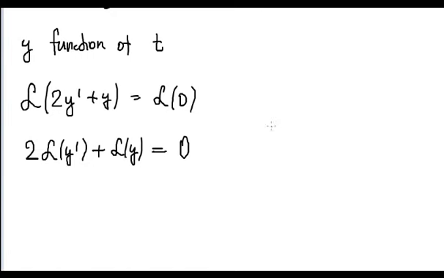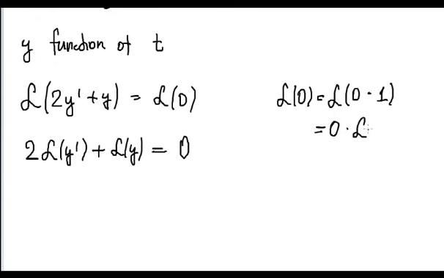Why did I say that we can get it by linearity as well? Well, you can think of it like this. Laplace transform of 0 equals Laplace transform of 0 times some function, maybe the constant function 1, and then the 0 goes out as a consequence of linearity. So whatever Laplace transform of 1 is, this evaluates to 0 times that, which is always 0, of course.